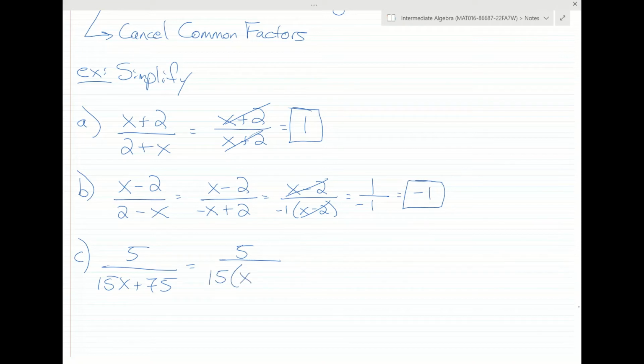And we just get x plus 75 divided by 15 is just 5. But one thing we could do to further simplify this is take out a 5 from the top and a 5 from the bottom. And you just get 1 over 3 times x plus 5. That's fully simplified.